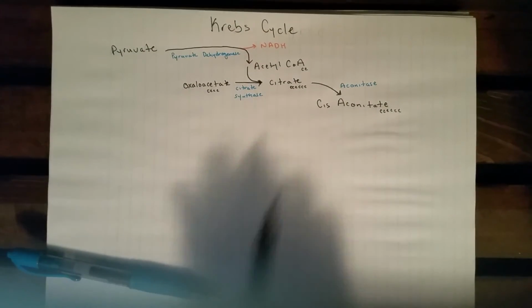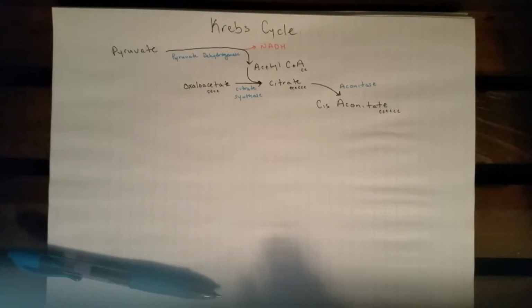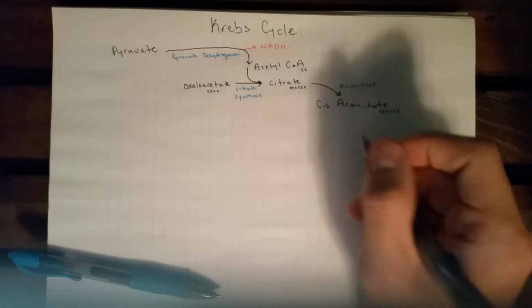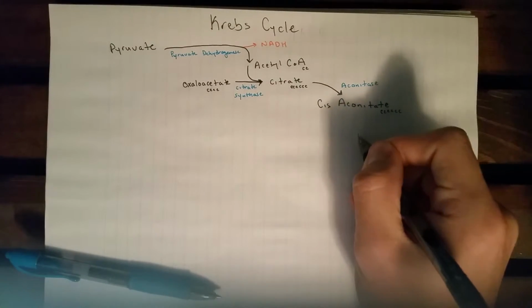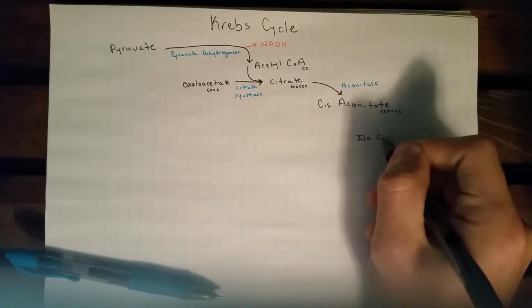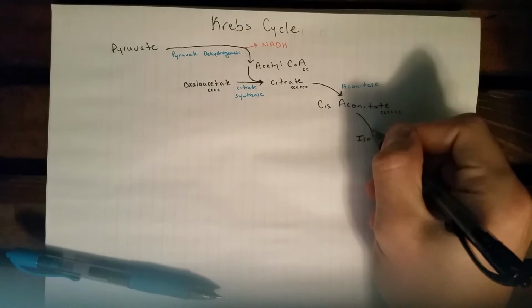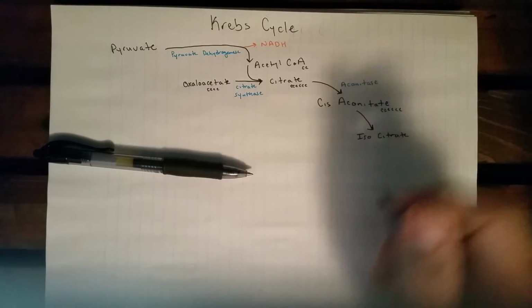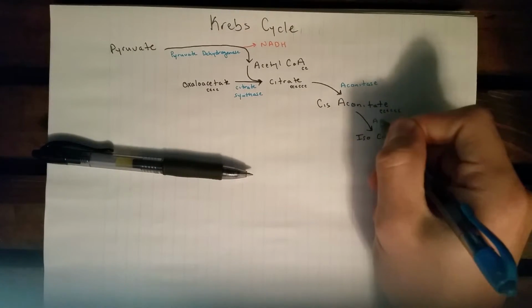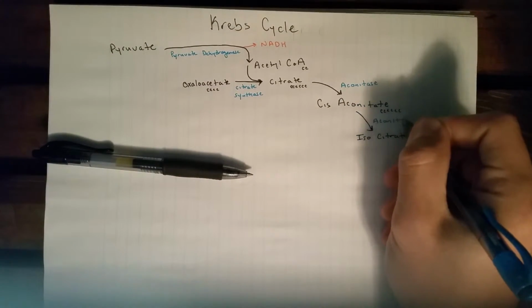Alright, so we have that. And from cis-aconitate to isocitrate, put that out here, isocitrate. This happens with the same enzyme, aconitase.